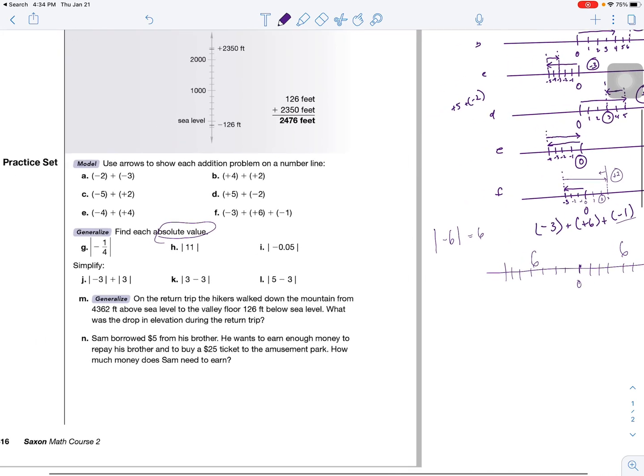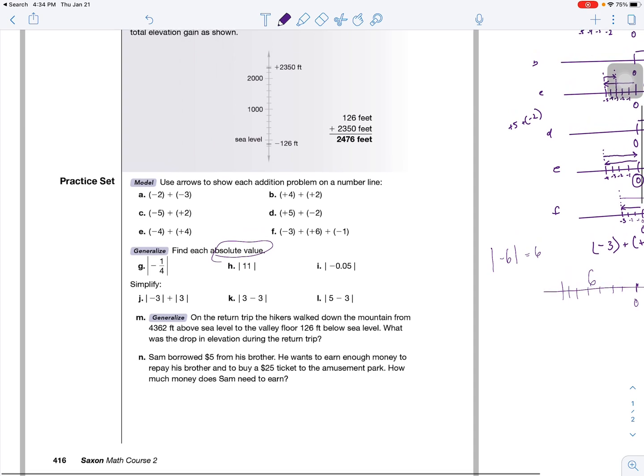That's the general concept. So when you look at absolute values, the absolute value of -1/4 will equal 1/4. The absolute value of 11 is 11. The absolute value of -0.05 is 0.05.